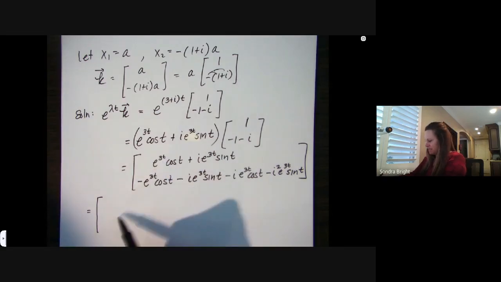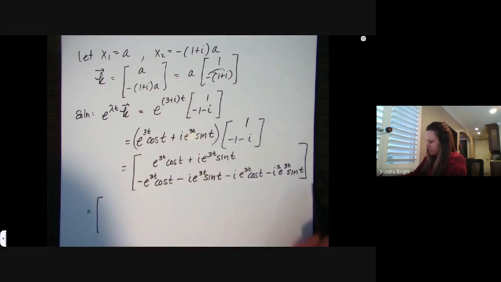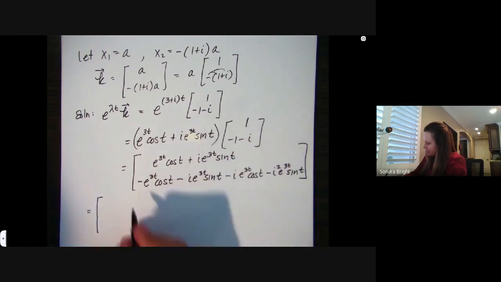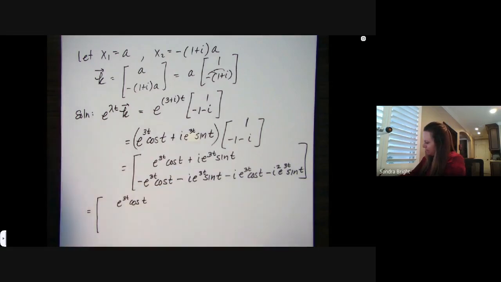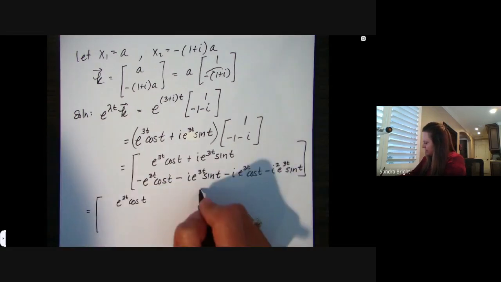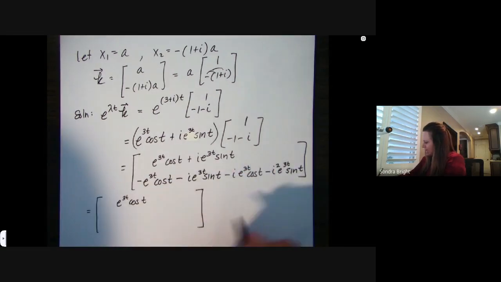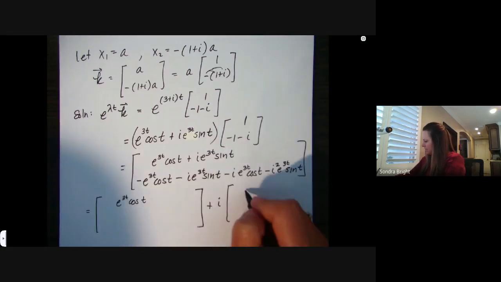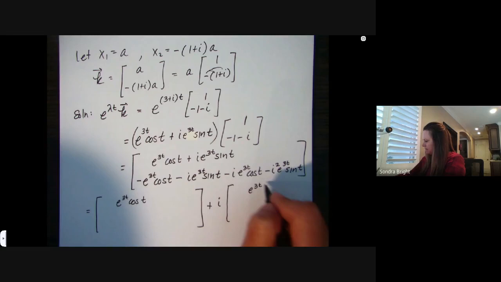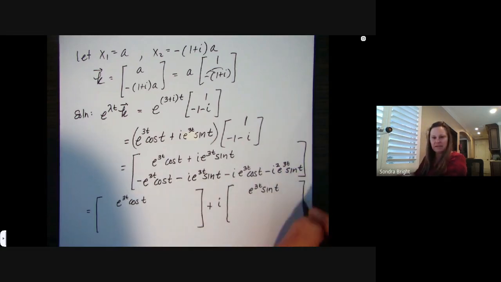Then e to the 3t sine of t will be in the matrix that has the i factored out. That's the first row.